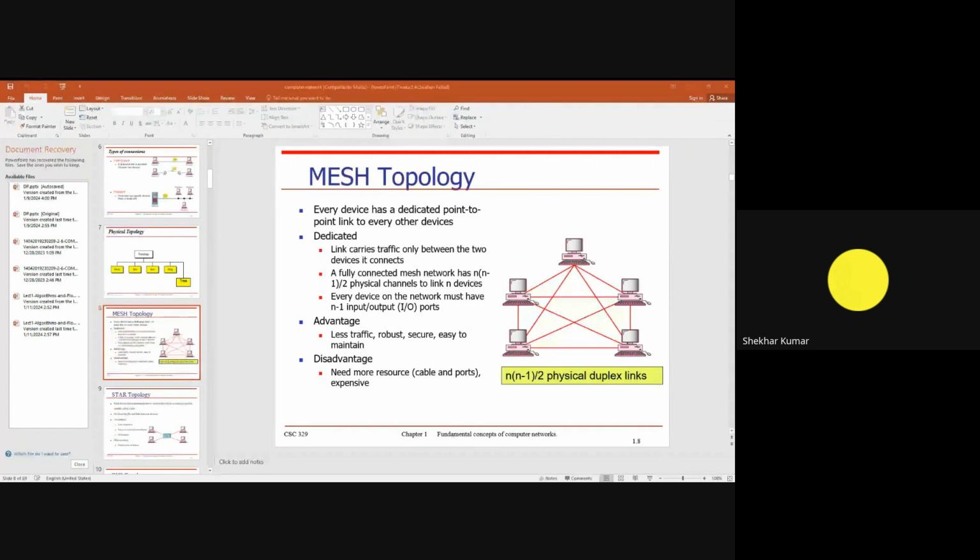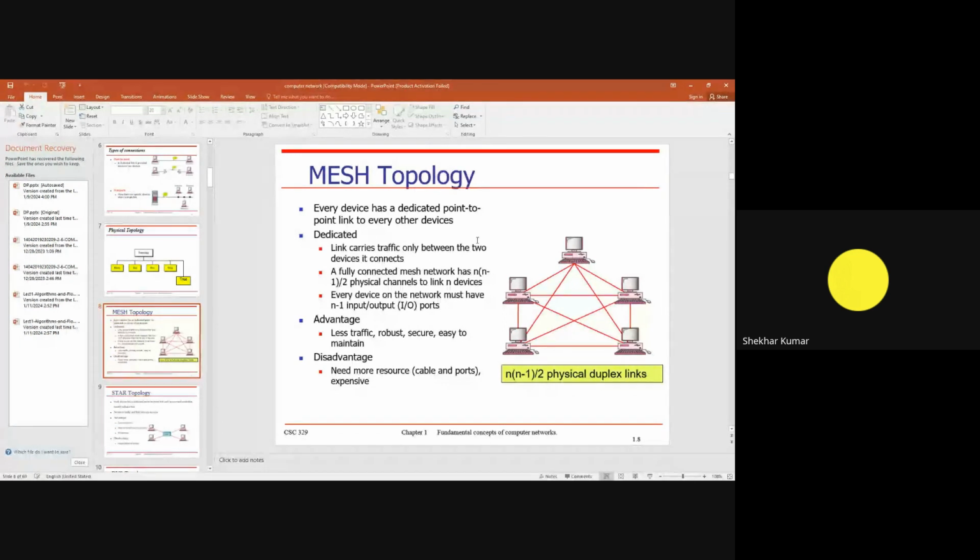So every host has a point-to-point connection with every other host. All are connected through point-to-point links. Every device has a dedicated point-to-point link with every other, so there is a dedicated link between two devices.